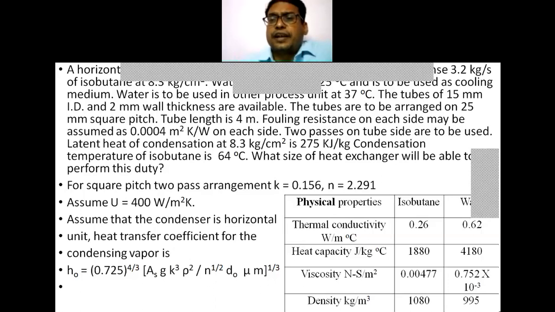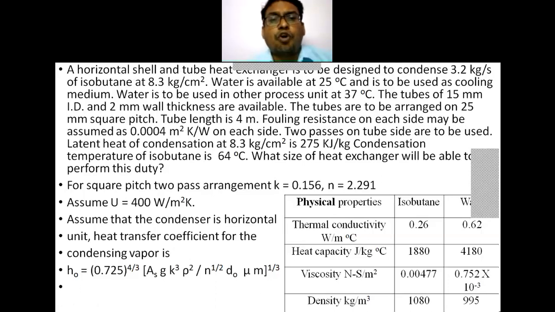Water is available at 25 degrees Celsius and is to be used as the cooling medium. The water is to be used in the other processes at 37 degrees Celsius. So water inlet and outlet temperatures should be between 25 to 37 degrees Celsius.